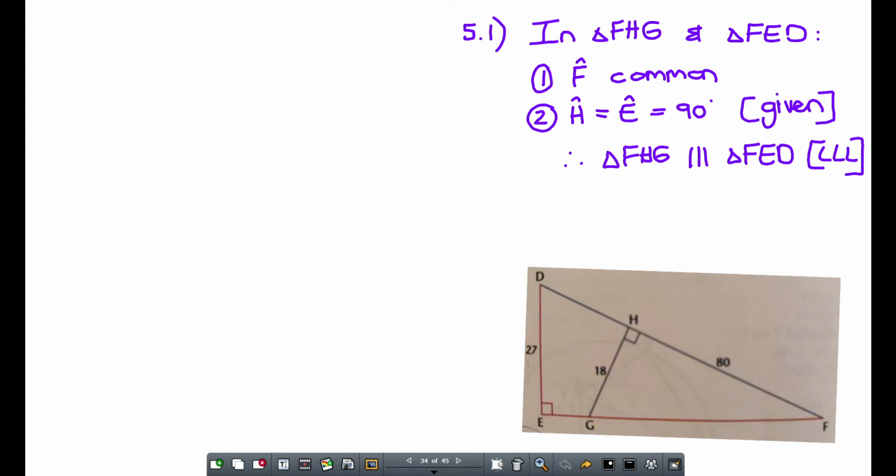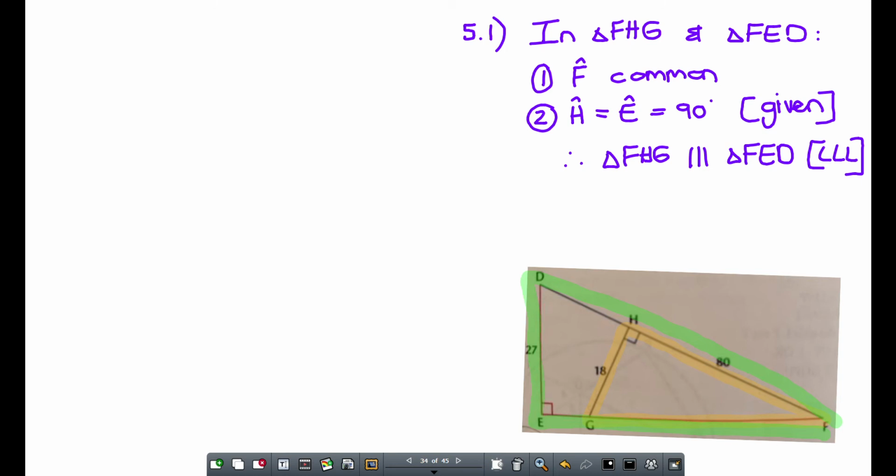Okay. Good. So they're talking about FHG, so this small triangle. And then they also talk about FED, that big one. Now, the very first thing you should have seen is F is in both of them. F is part of both triangles. So you will see that I started with saying angle F is common.